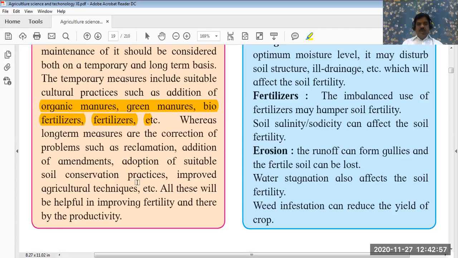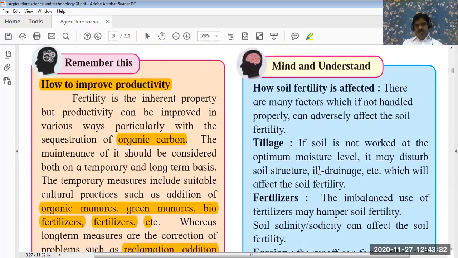Then we also have to take other remedies like reclamation, addition of amendments, and adoption of suitable soil conservation practices. Suppose soil has become more acidic, we have to make it buffered, we have to make it neutral. So in acidic soil, we have to apply lime. If the soil has become alkaline, we have to apply gypsum. That will neutralize the soil and improve the fertility and productivity.